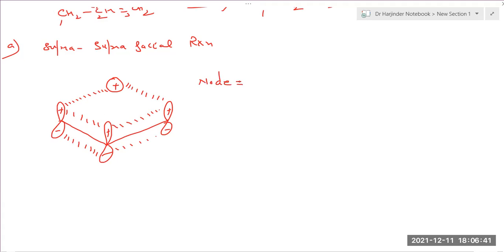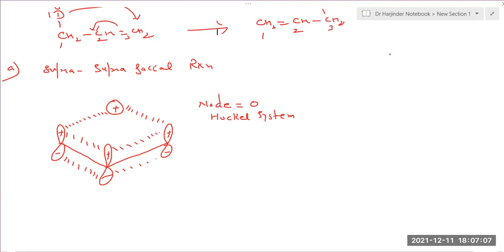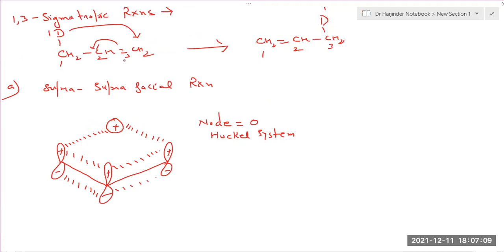In the transition state, do we have any node? No, sir. So it is a Huckel system. How many total electrons are there in this system that are involved in the transition state? 4 or 6? You can see 2 pi electrons are here, and 2 went there. Total electrons involved is 4.